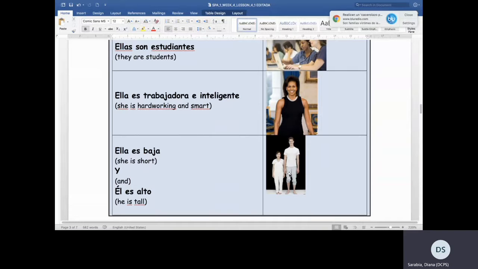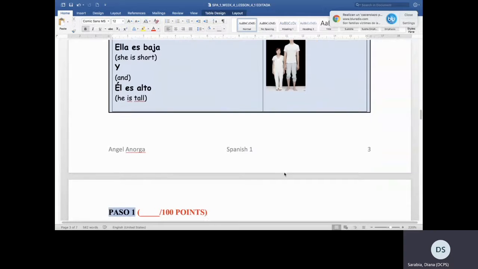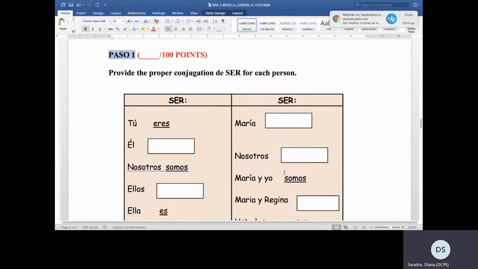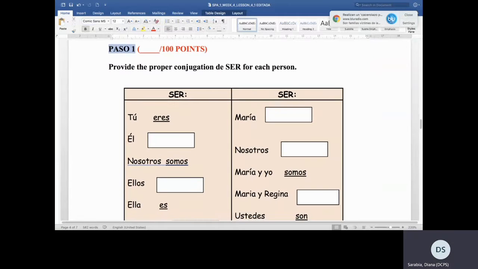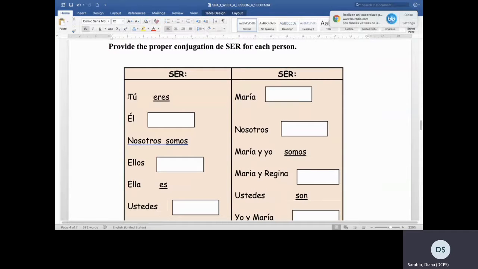Now that we know how to conjugate el verbo ser, and we know different uses of el verbo ser, let's practice with this verb. So in this first activity, paso uno, step number 1, you need to provide the right conjugation. Here you have some of the conjugation. Tú eres.